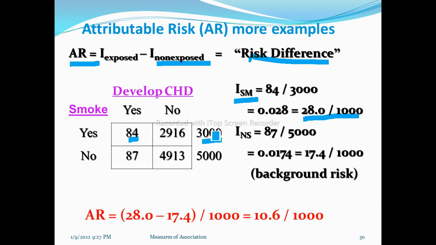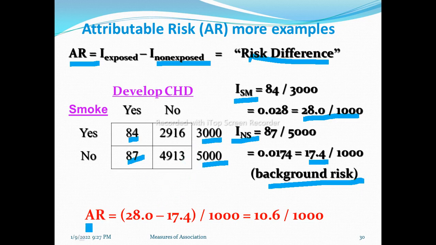The incidence in non-exposed is 87 over 5000, which comes to 17.4. The incidence in the non-exposed group is known as background risk.